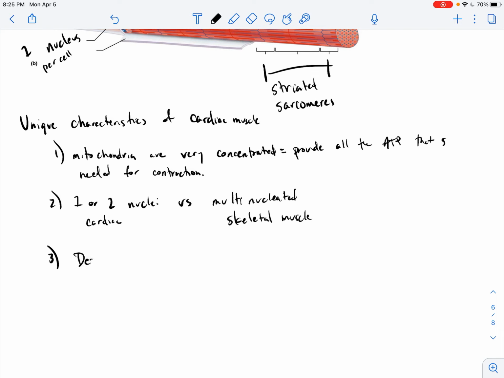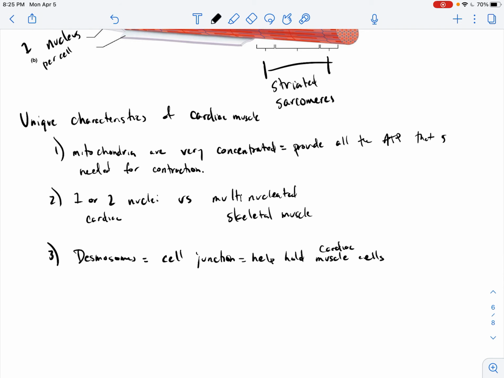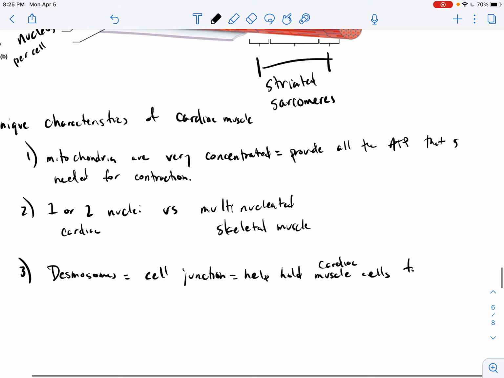We're first going to talk about desmosomes. Desmosomes are cell junctions, a very specific type of cell junction. A cell junction is where two cells touch. And desmosomes help hold cardiac muscle cells together.